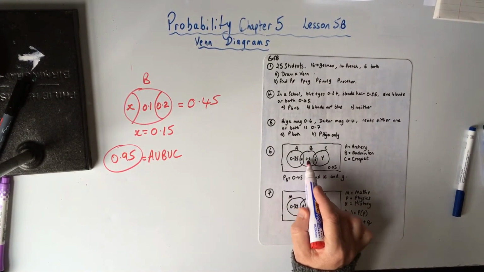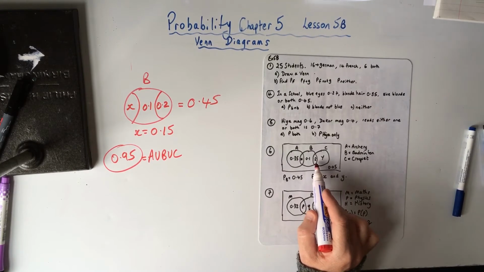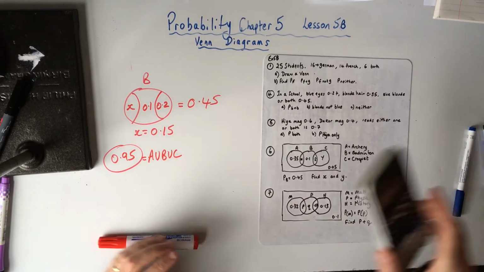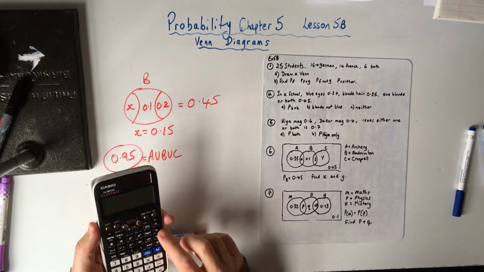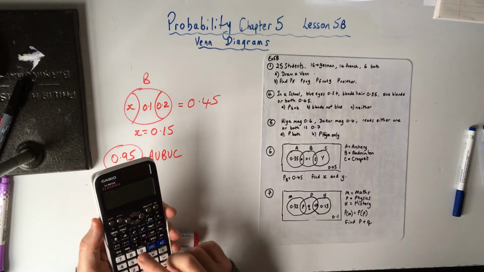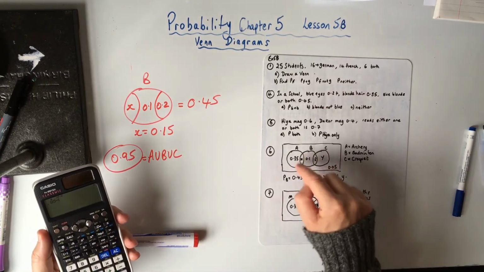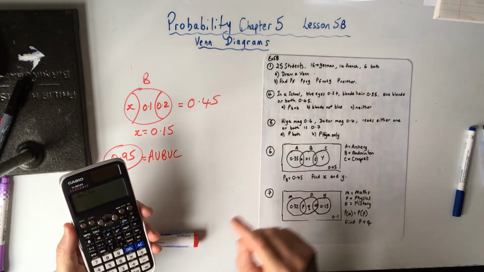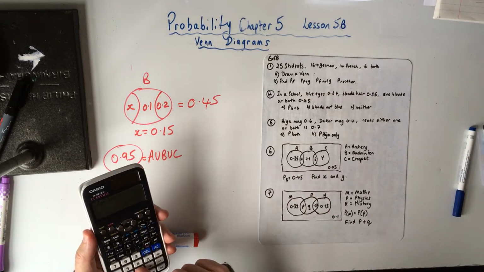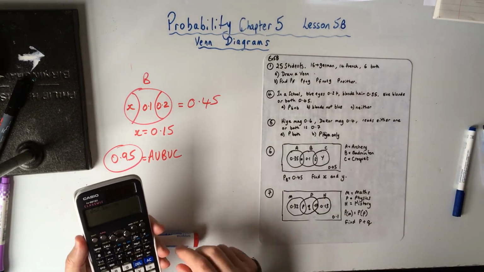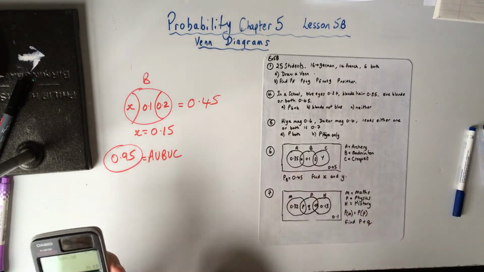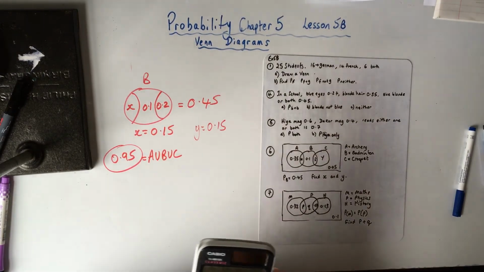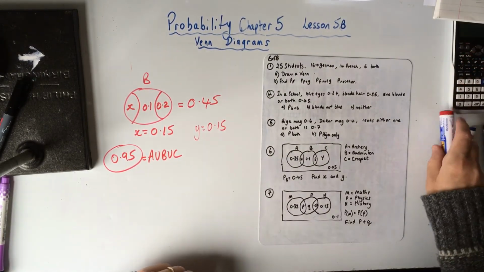And we've got all of those bits, so you just take away from 0.95, well, we know all of B is 0.45, so minus 0.45 and minus 0.35 is equal to 0.15. So y is 0.15 also. Okay, so that was really quite simple.